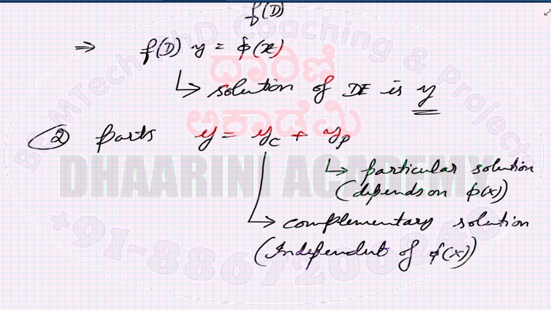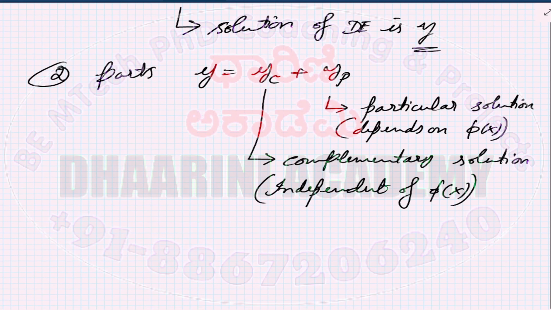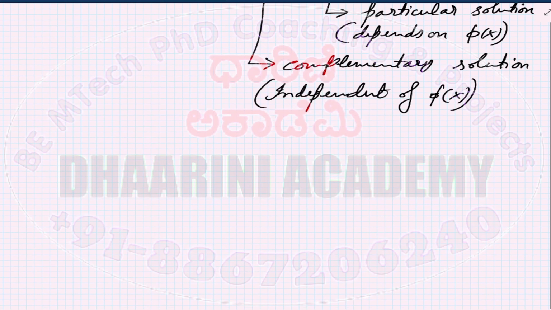We'll find out now. The basic solution of the differential equation starts with finding the complementary solution. To find yc, we look at the steps now. What are the steps you need to follow to find the solution for yc? Only yc we'll see first. So this is to find yc.